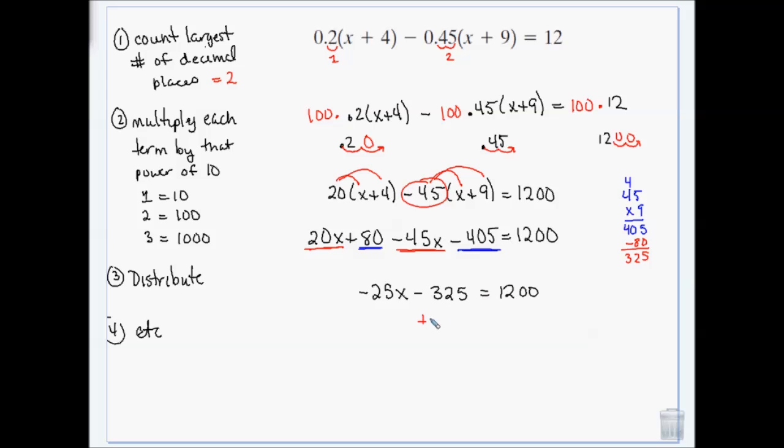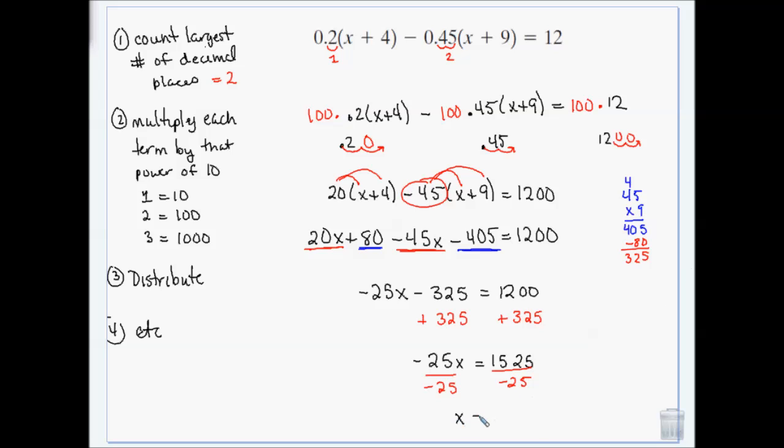So I'm going to add 325 to both sides, and I get negative 25x is equal to 1525. And I'll divide both sides by negative 25.